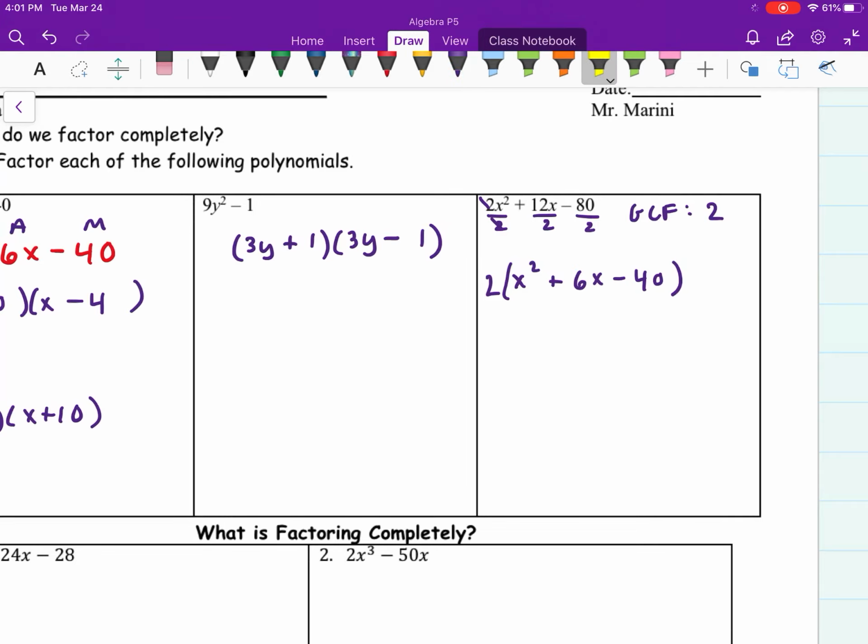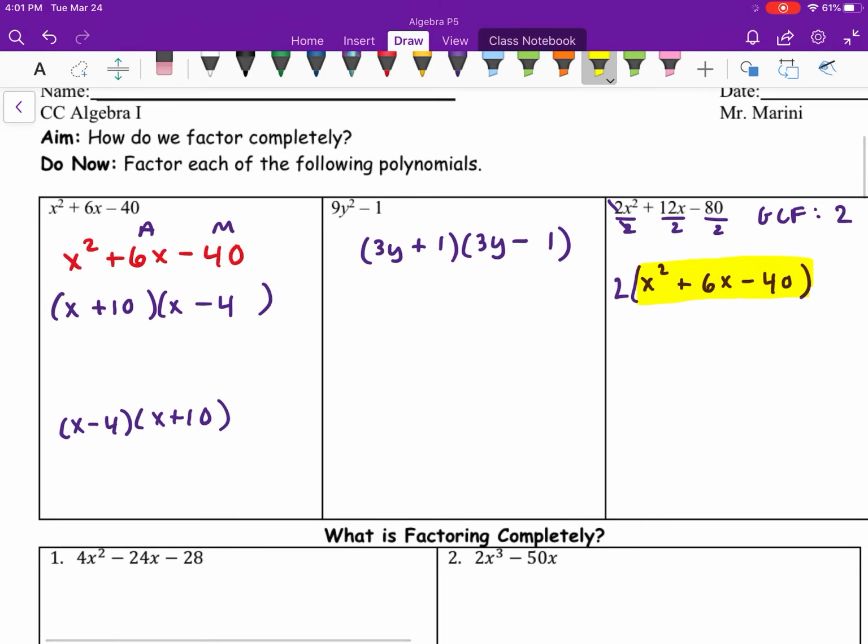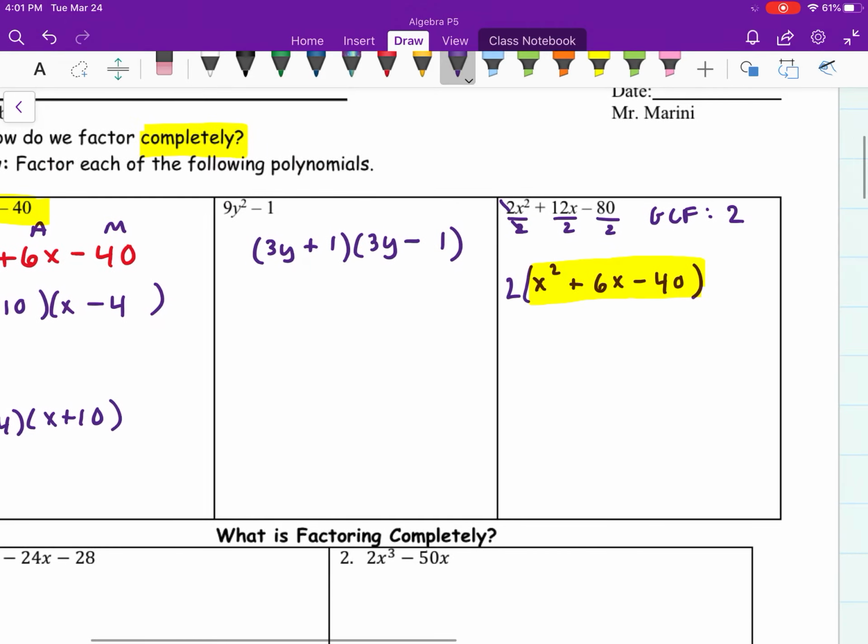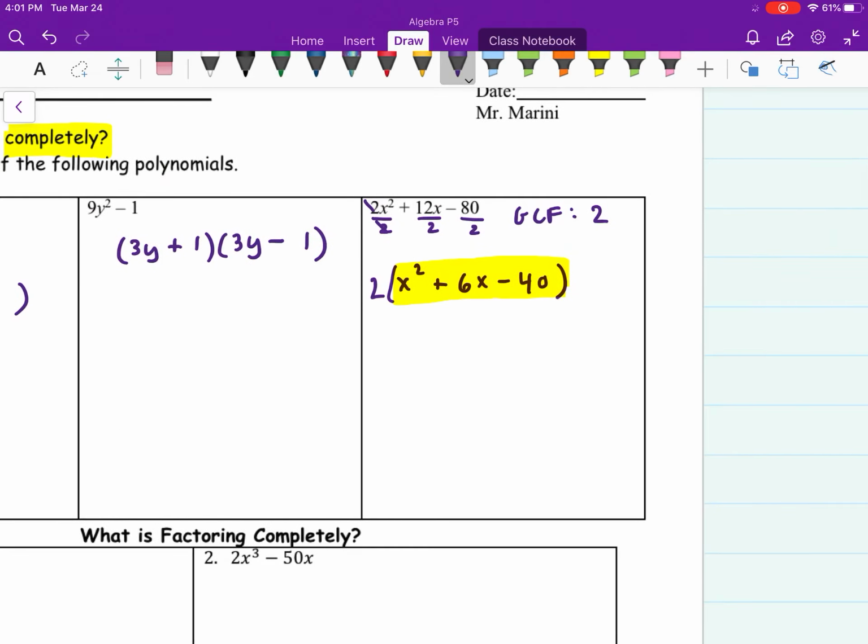Now, if we were in school right now, I'd say, where have you seen this before? And after maybe 30 seconds of staring at it, you might realize that that's the same as the first question. The reason why this lesson is called Factoring Completely is because sometimes when you factor, you're not finished.